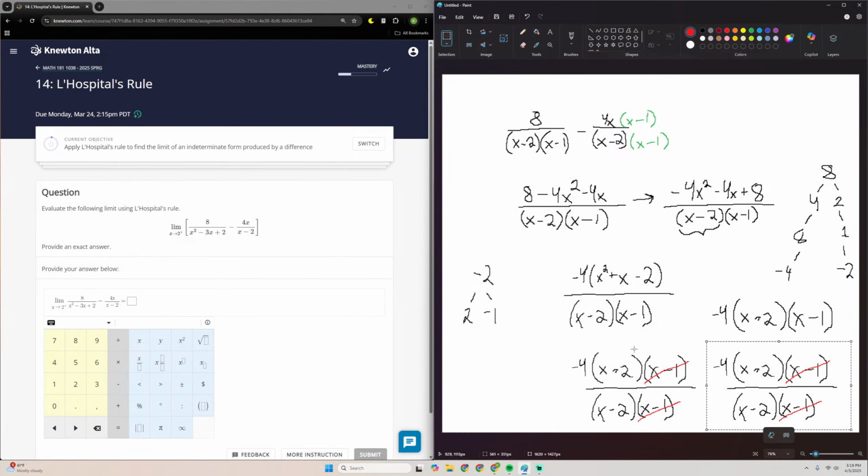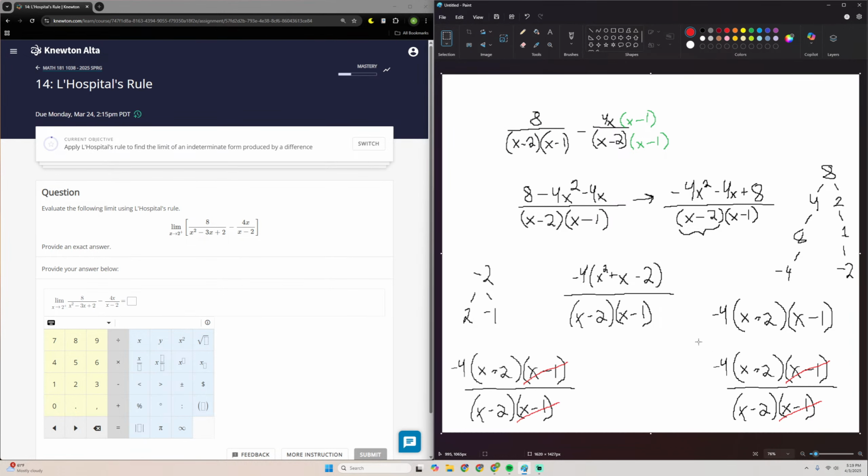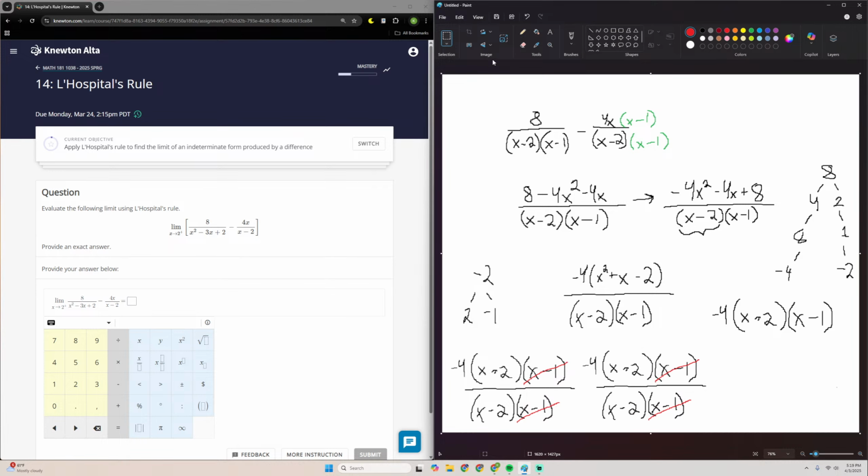Copy and paste. Move this to the side. Oh wait, I could easily just cancel this out right here. That's that. And then right now we have L'Hopital's rule. We need to take the derivative because it'll just be 0 over that, which is not allowed.